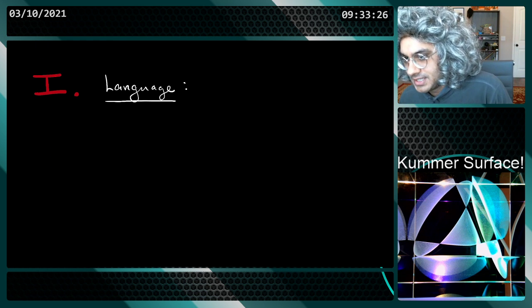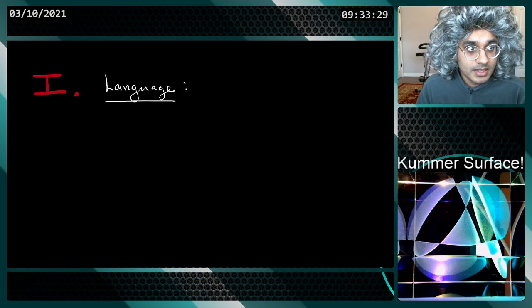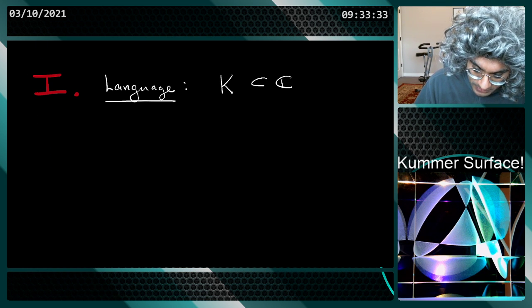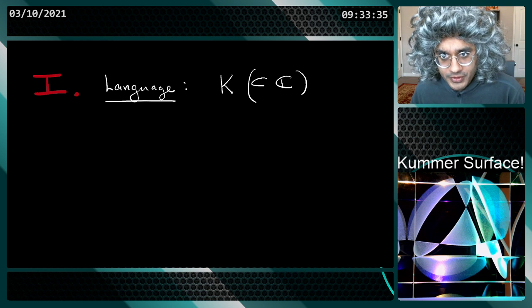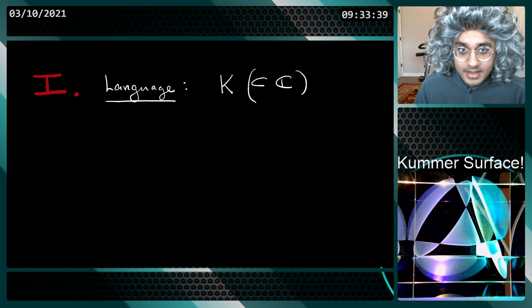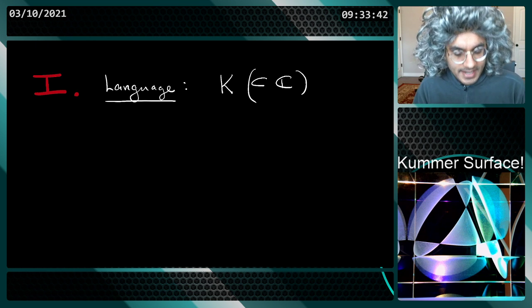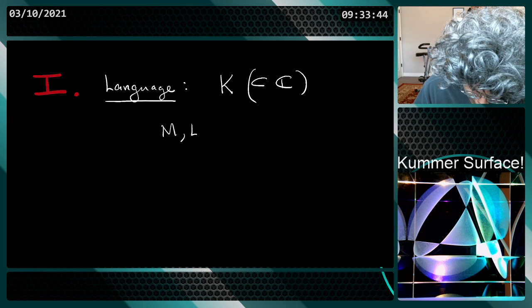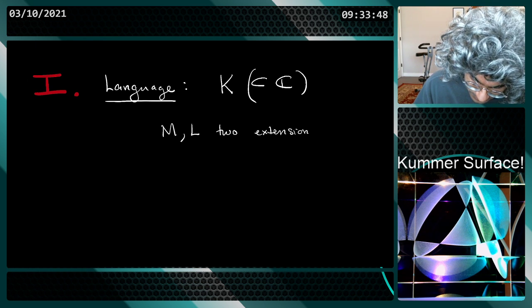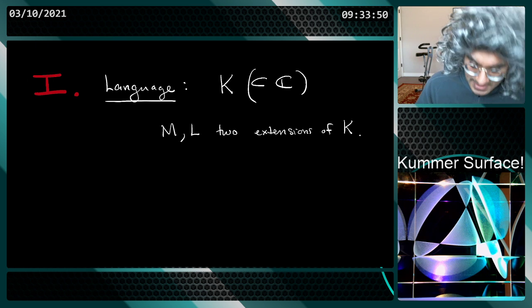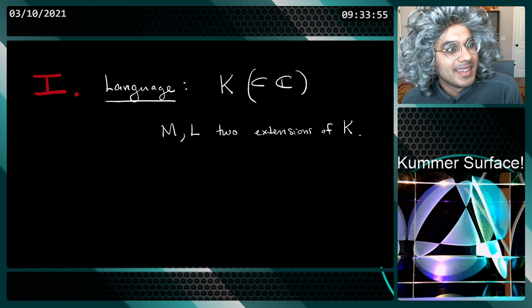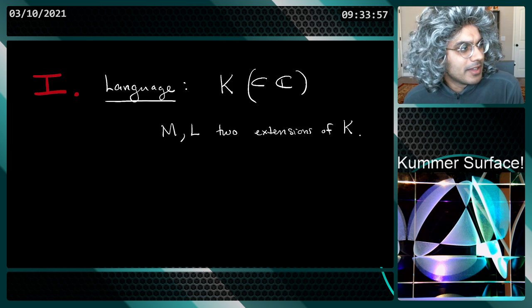Suppose we have the following situation. We have a field, and we're working inside of an ambient huge field. You have a field, and you then have two other fields that contain it. That's a very common situation in Galois theory. All right, we're going to just use some language here.